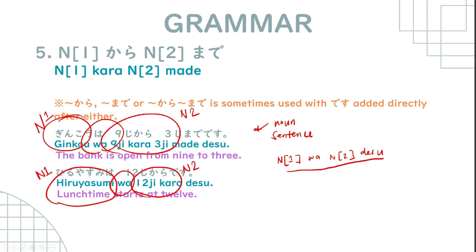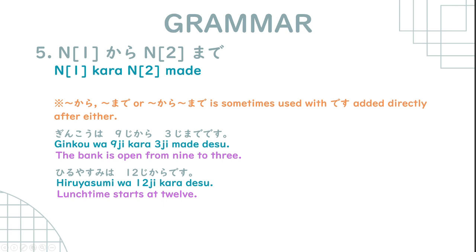So that is how you can tell when you can use kara and made. It can go before the verb or after the subject wa. That is kara made.